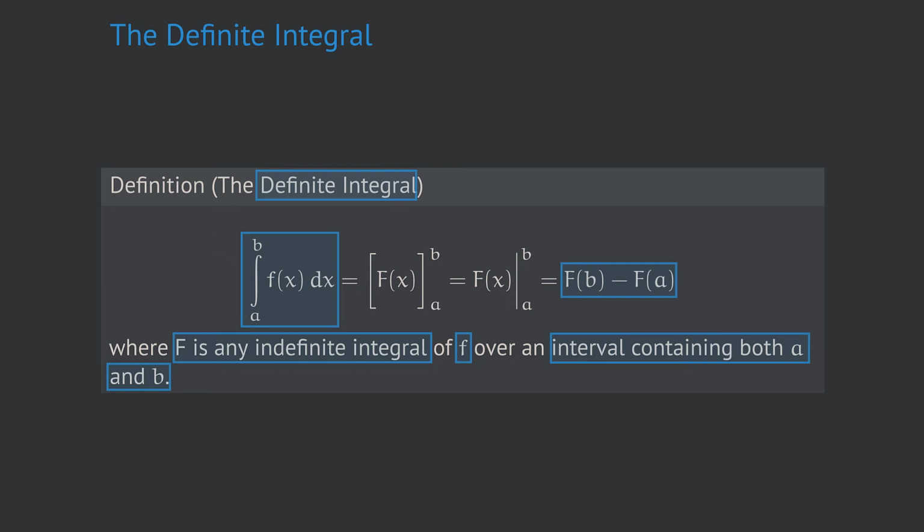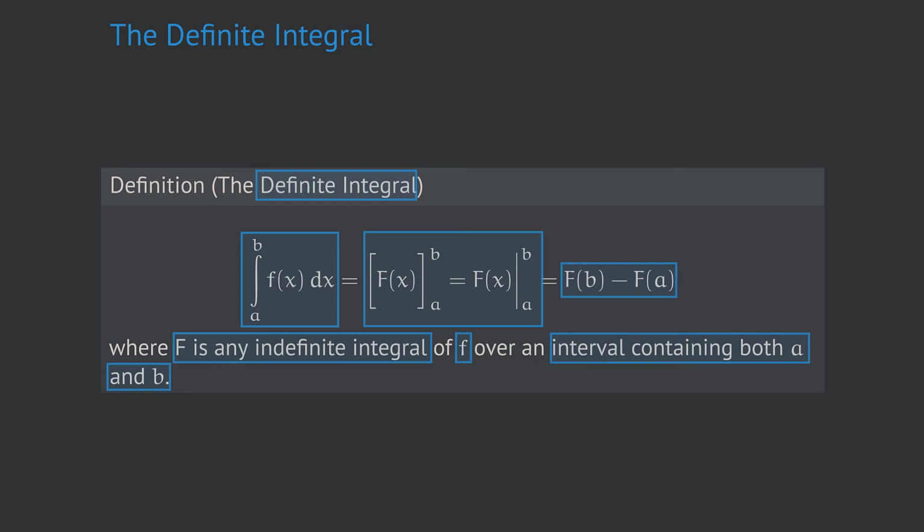So from now on, whenever we see a notation like this, we know that we are supposed to calculate the area between f and the x-axis with a lower limit a and the upper limit b. Then there are these two equivalent other notations, which involve capital F instead of f. They basically mean the same thing, but they are typically used in situations where we already know the antiderivative capital F. So that is the definition of the definite integral.